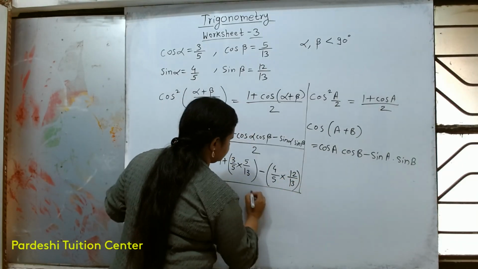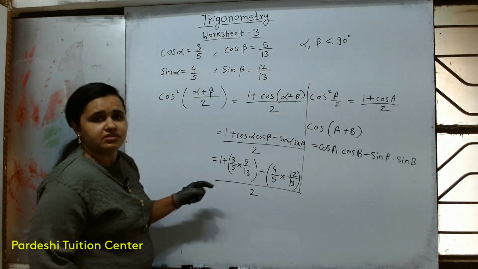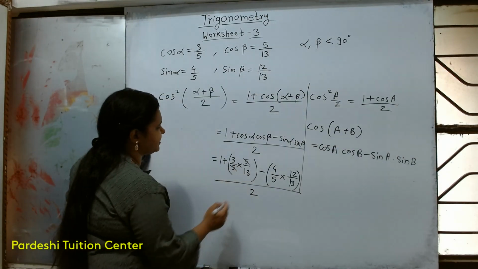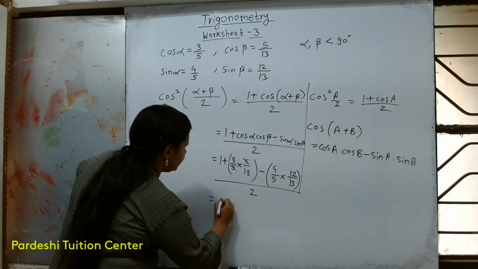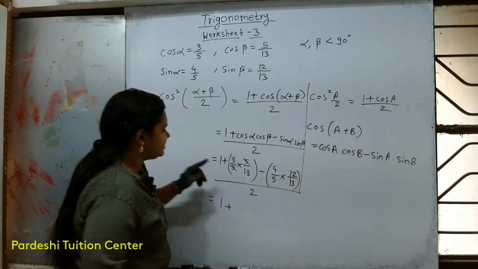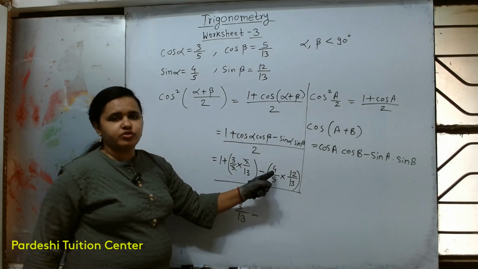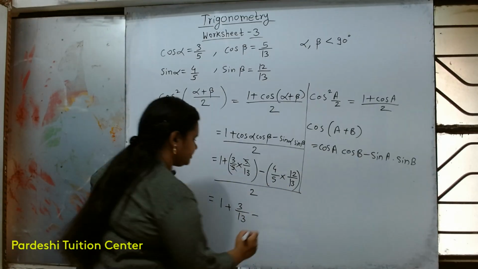Okay. Now here 3 by 5 multiplied by 5 by 13, 5 will get cancelled. So it will be 1 plus 3 by 13, minus 12 4s are 48 and 13 5s are 65.